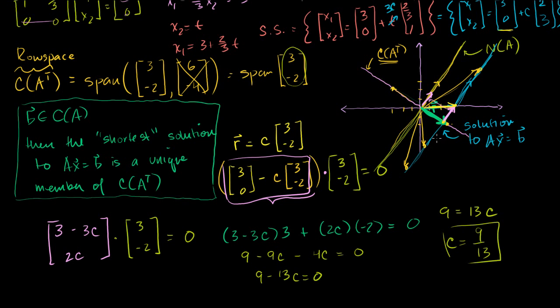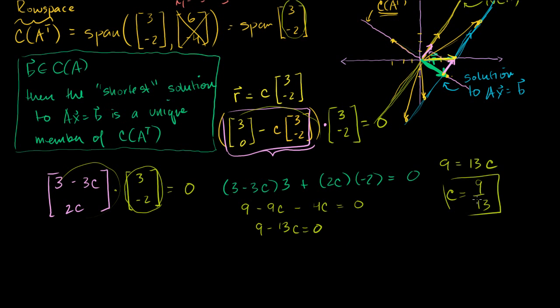So just like that, we've solved for our special vector r. We said, hey, look, if you take this 3, 0 vector, and the difference between that and our vector r, you're going to get some vector right here that is in our null space. And if you take the dot product of that with some member in our row space, you're going to get 0. And the dot product is that entry times that entry plus that entry times that entry. And so you get c is equal to 9 over 5.